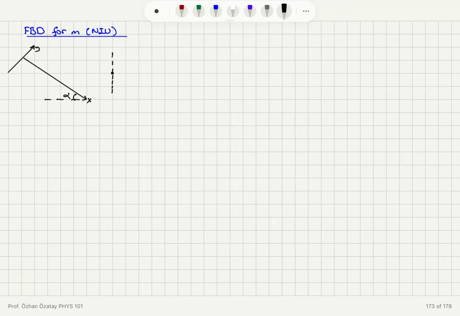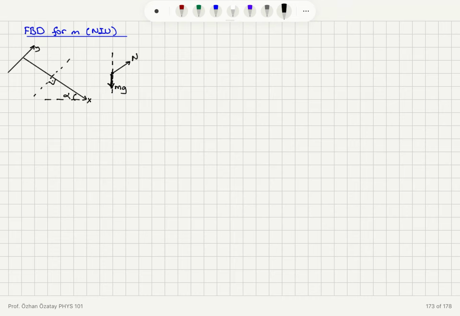And with that, if this is my particle m, there is the weight of the particle, mg, that's pointing down. There is a normal force. The normal force is perpendicular to the wedge, so this would be my direction for the normal force, 90 degrees.